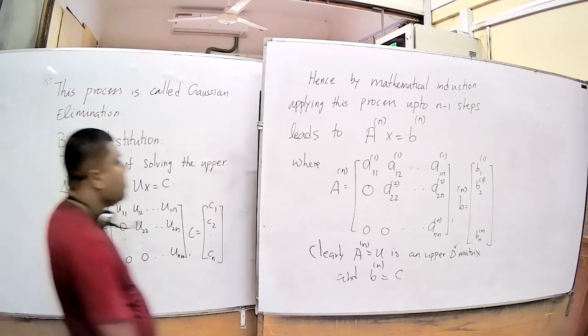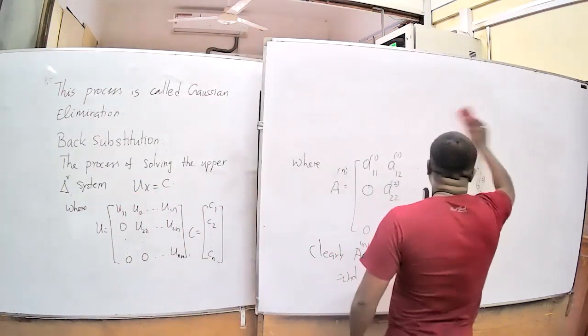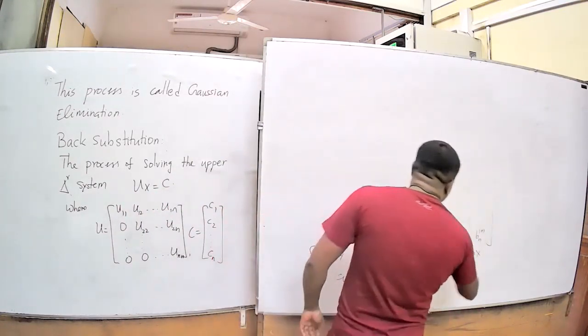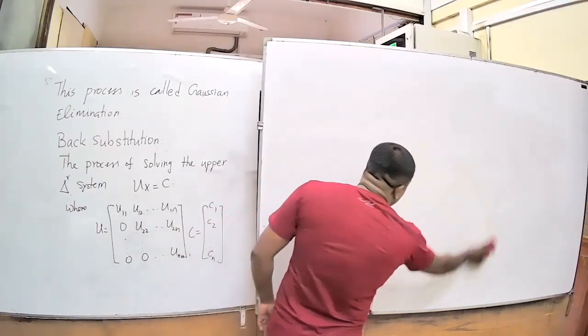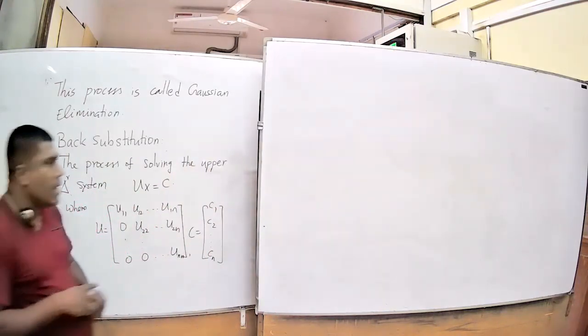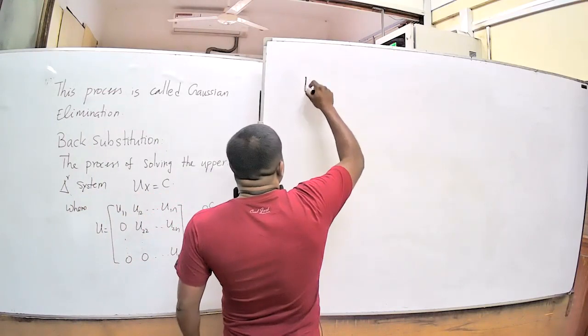In back substitution, we start solving from the last line. We can have a general formula for this back substitution, like the way we do elimination. You can easily check that as homework.